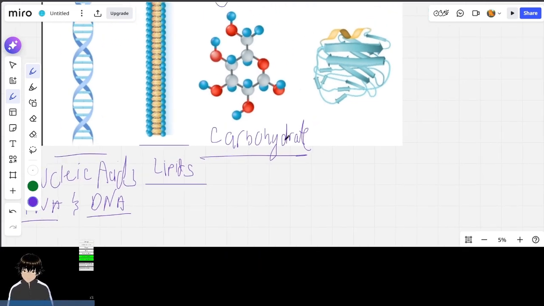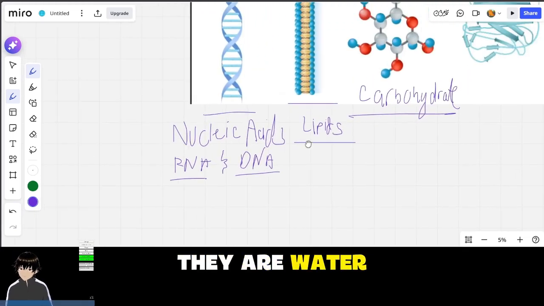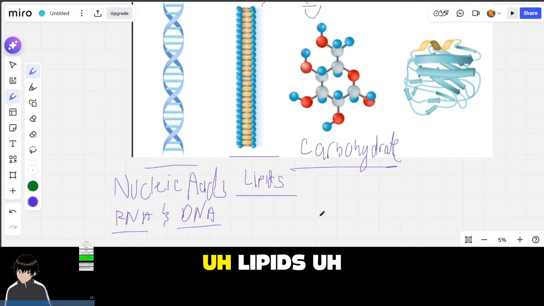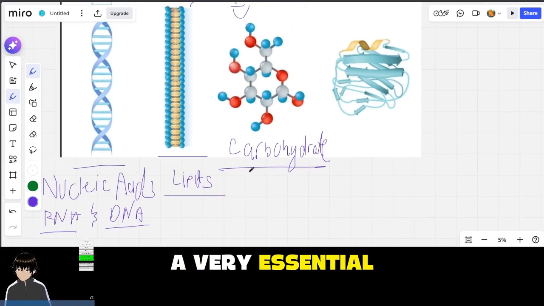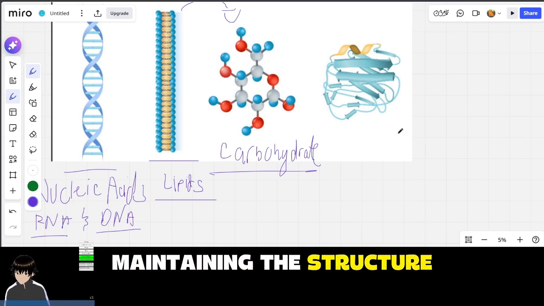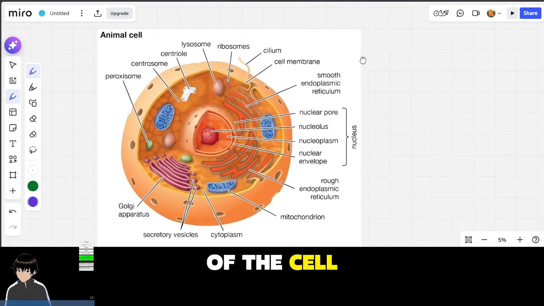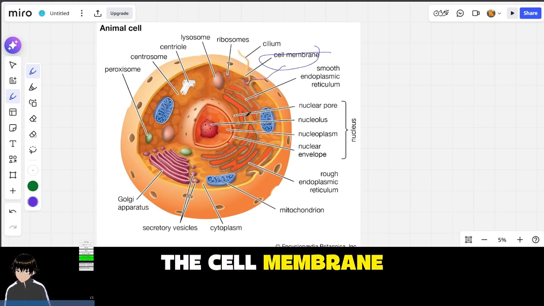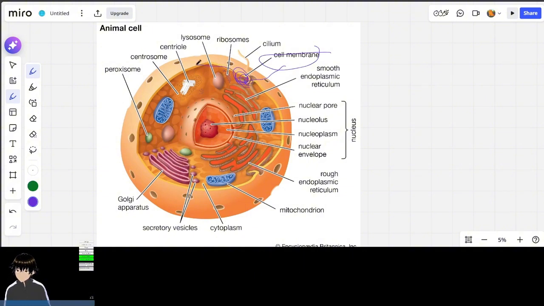Okay, lipids, they are water fearing or hydrophobic, as they say, and lipids do a very essential, important job in maintaining the structure of the cell membrane, which is basically just this. Okay, that's the cell membrane. This is the cell membrane here.